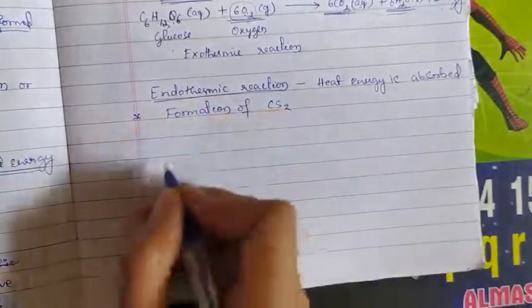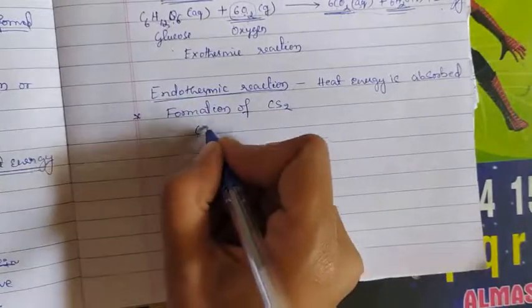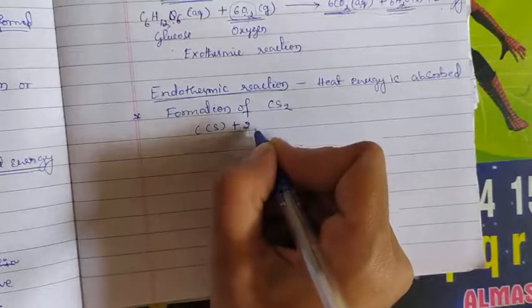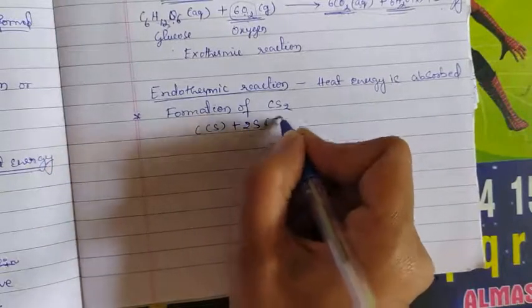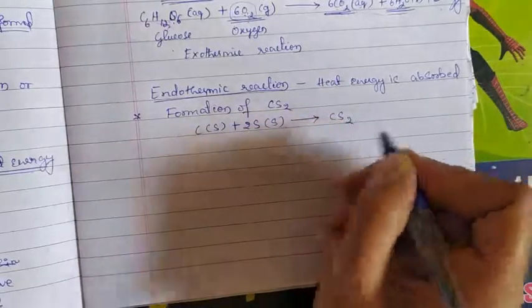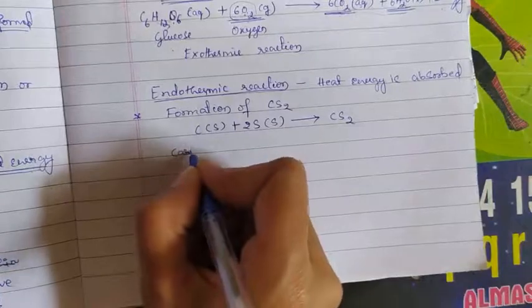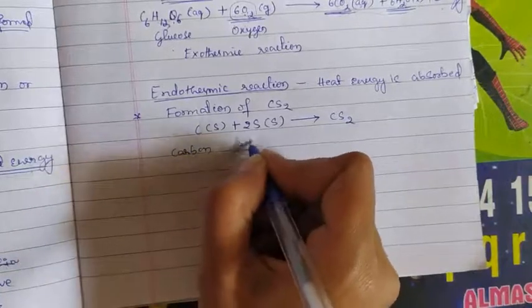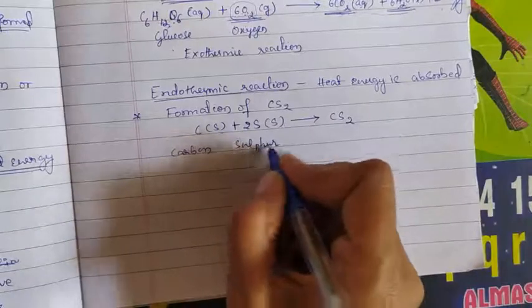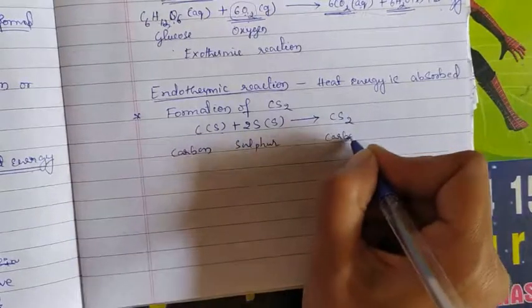carbon disulfide. Carbon is a solid. When it reacts with two sulfur atoms, sulfur also being a solid, they form carbon disulfide.